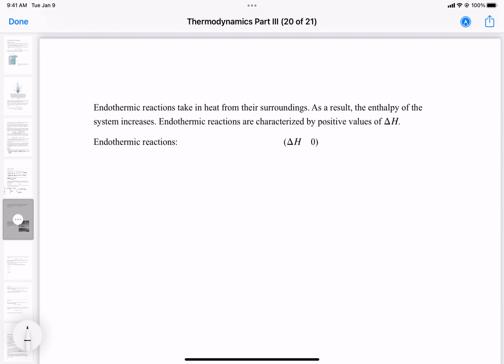Okay, so in this case, if heat is being removed from the surroundings, that means heat is entering into the system. So that means enthalpy is increasing. So endothermic reactions are the opposite of exothermic. They have positive delta H values.